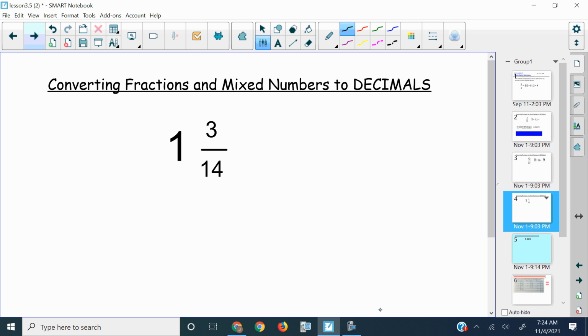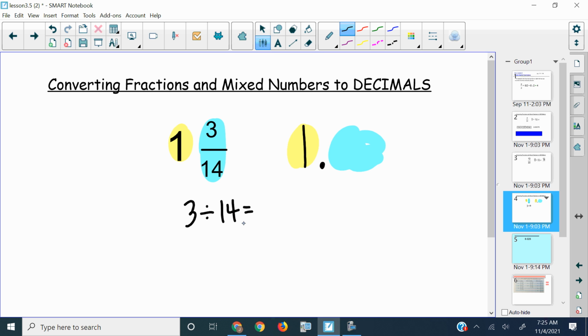All right. Next, 1 and 3/14. Okay, so you can see I've got this whole number part. So we're going to have that same thing when we come to a decimal. And then we're going to have this fraction part also, and you're going to see that fraction part show up over here as a decimal. All right, so let's do it. We have one whole thing, and that's that decimal point, and then I could just go 3 divided by 14.